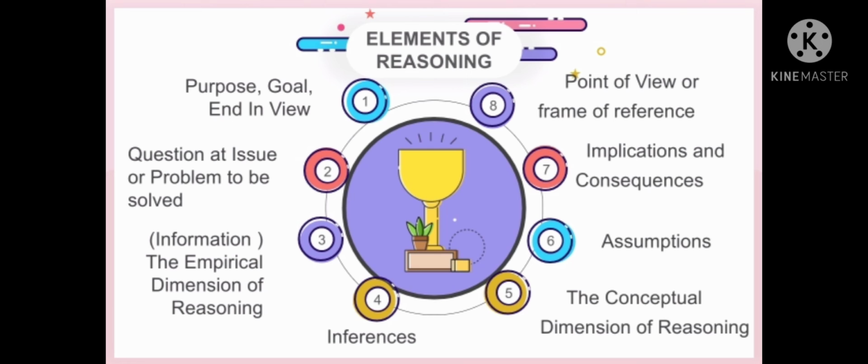Next is the assumption. All reasoning must begin somewhere, must take some things for granted. Any defect in the assumption or presupposition with which the reasoning begins is a possible source of problems in student reasoning.